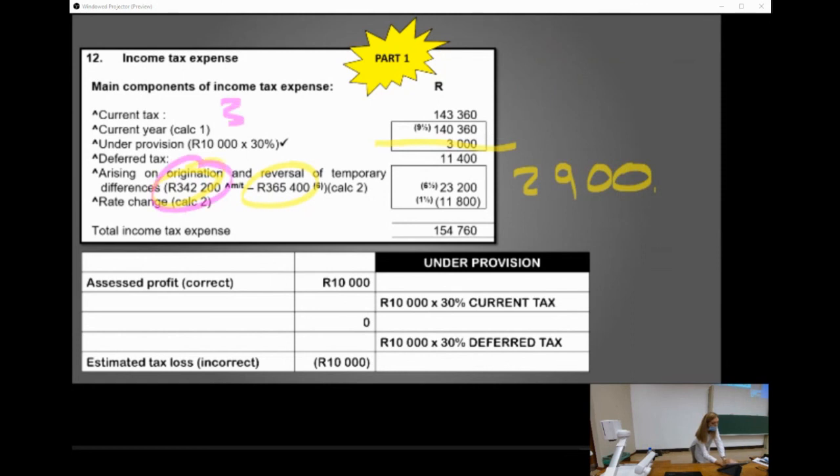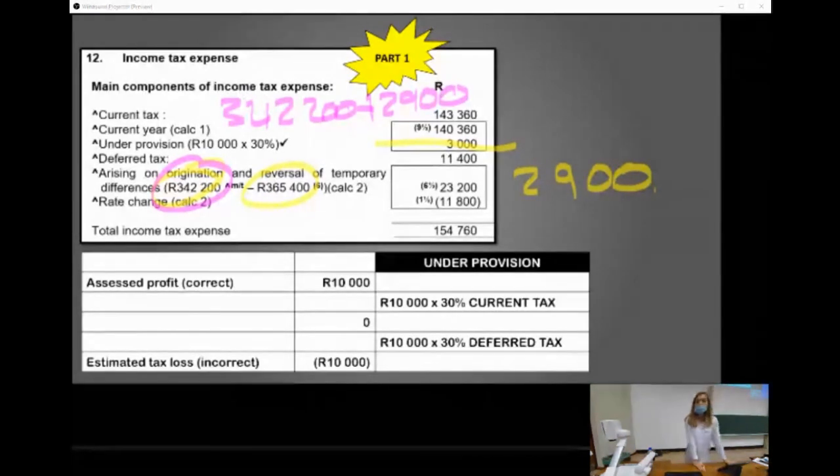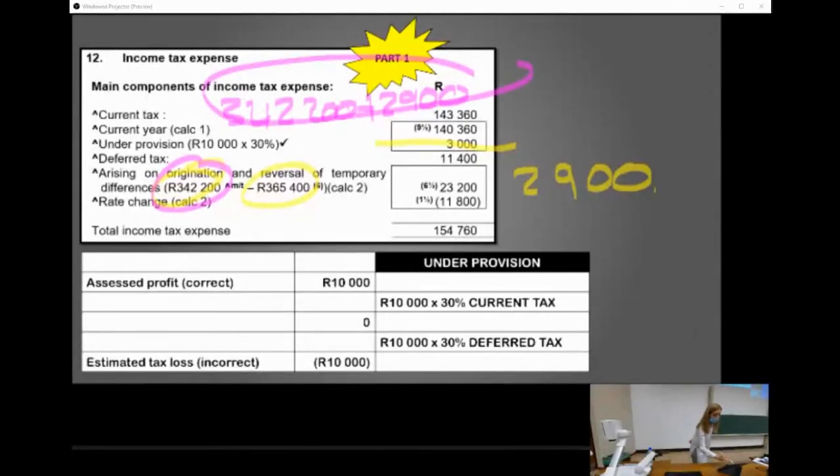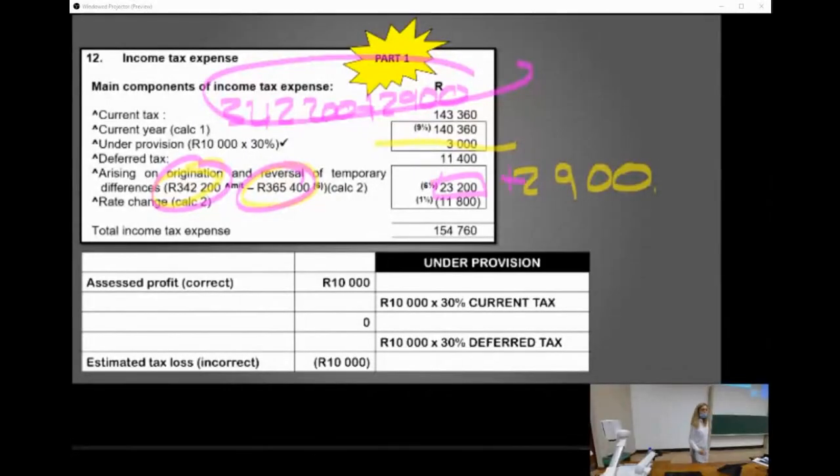Our opening balance would have been 3,4,220 plus the 2,900 that we were not actually supposed to recognize. So then the movement from here to our closing balance would have been a smaller amount. Now it's 2,900 extra, and that's the under provision for deferred tax.